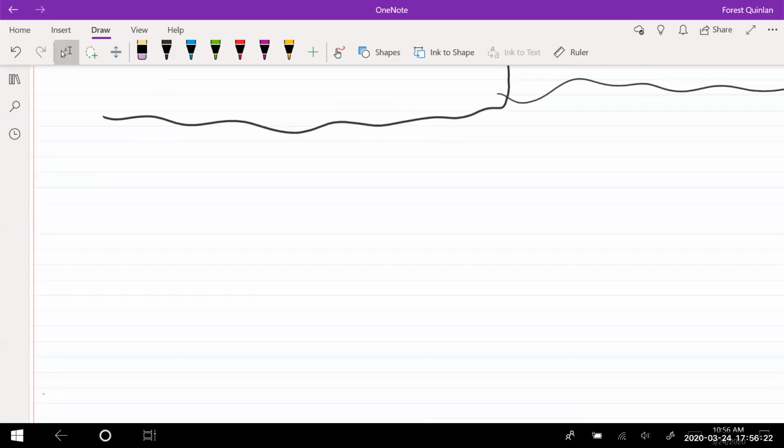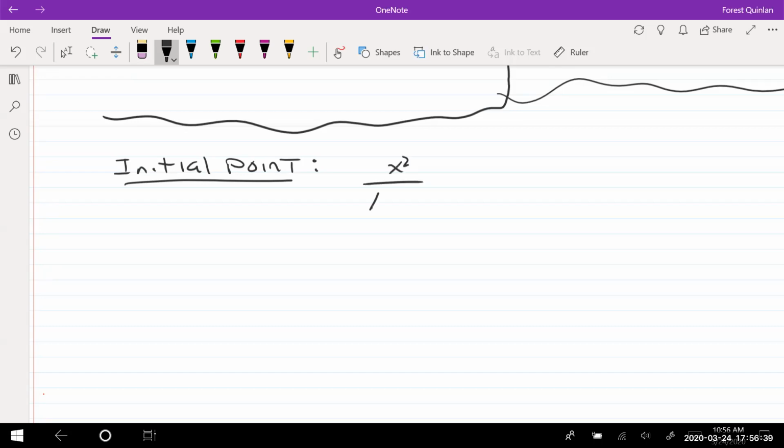Okay, so our initial point. As we pointed out at the beginning of this section, that's going to just come down to x squared over a minus x is equal to Ka1.